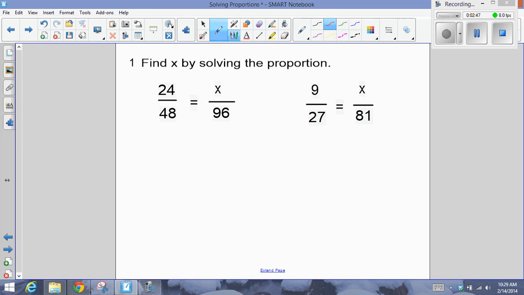When I multiply this 48 times x, since I have a variable, I can't really multiply that. But I can just write it down. And remember, when we have a number and a variable multiplied together, we just write them next to each other. Okay, then I'm going to multiply 24 times 96, and that is 2,304.